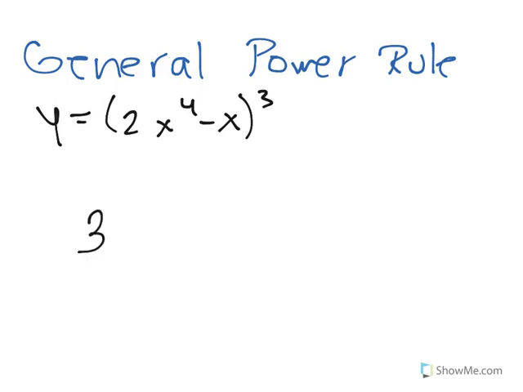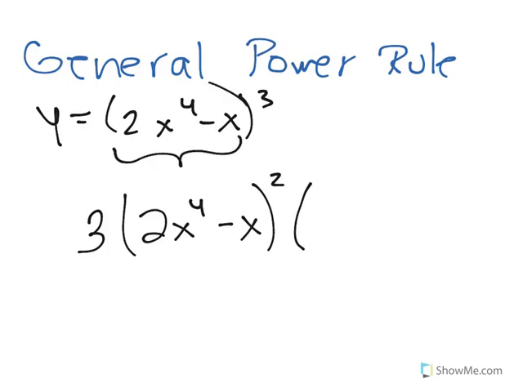Remember that first it looks just like the power rule, so we bring down the exponent as the coefficient, then we decrease the exponent by 1, and then we multiply this times the derivative of our h of x, which is the function that is being raised to a given exponent.